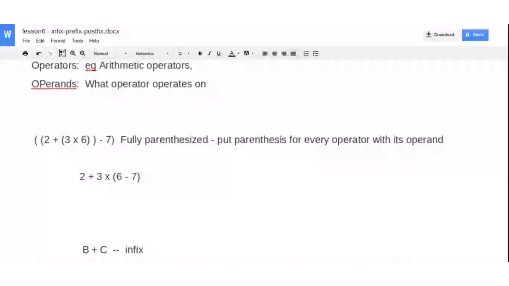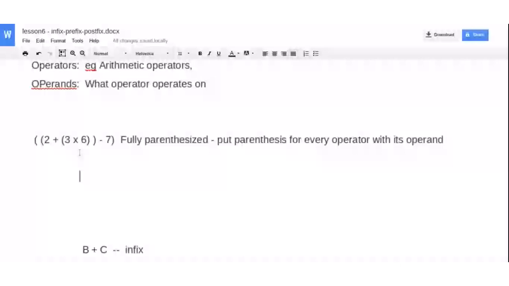But sometimes you can also be asked to convert a postfix to prefix or prefix to postfix. But in most cases, you're likely to encounter cases where you are being told to convert an infix to either postfix or prefix. Okay, so of course we know what will happen with this one.